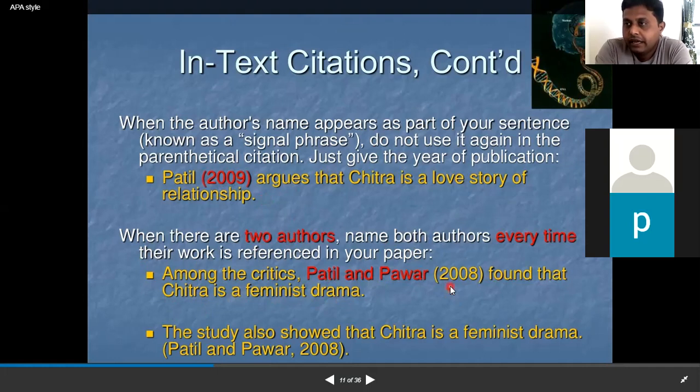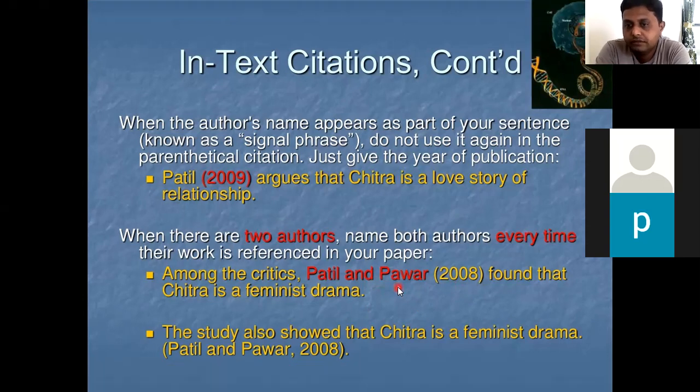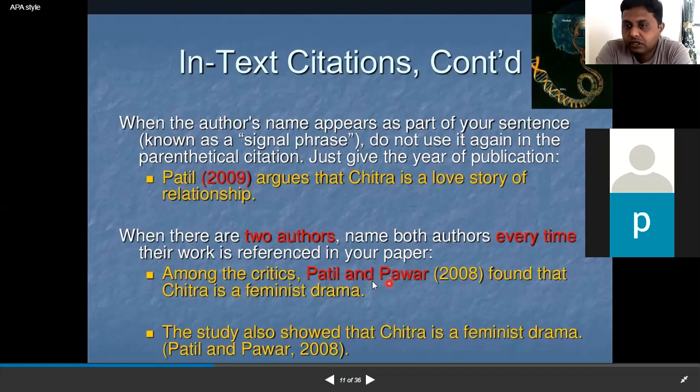See, in MLA style, the year falls at the end of the line, but in the APA style, the year falls immediately after the name of the authors. See over here, the same case, right? So the year of publication is attached to the name of the author. See, if you want to mention the names of the author at the end, see the different situation.